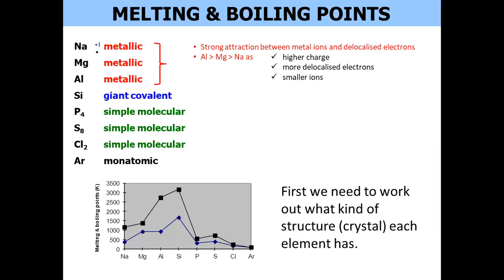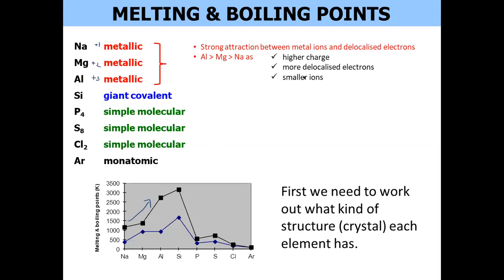Because this becomes a +1, this becomes a +2, this becomes a +3. So this one has a +1 ion and 1 electron. This one's got a +2 ion and 2 delocalized electrons. This one's got a 3+ ion and 3 delocalized electrons. So that one has 3 times as much attraction as that one, right? So that's why this trend goes up like this.